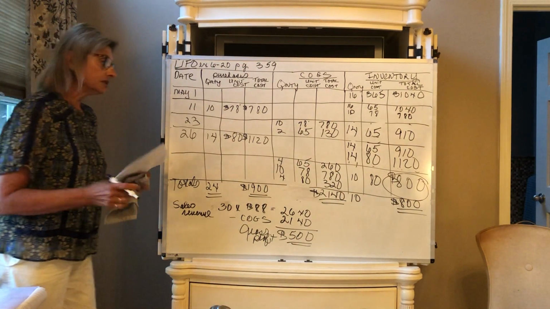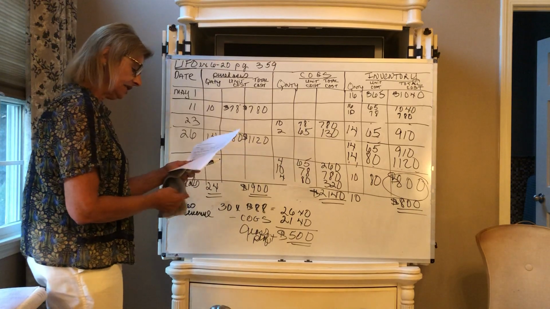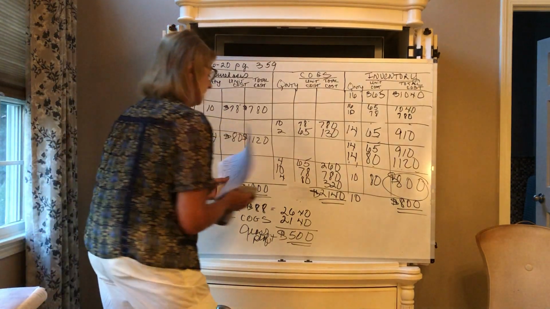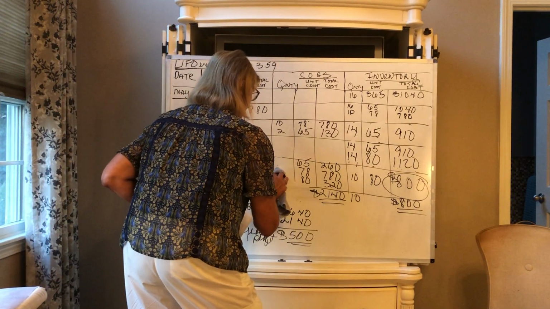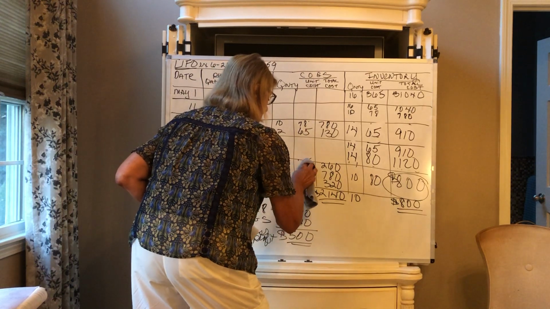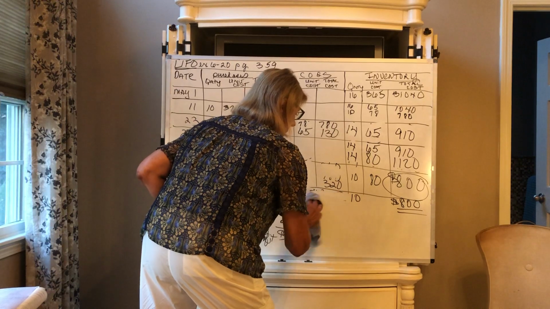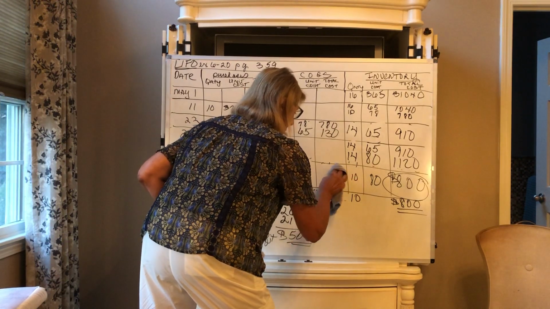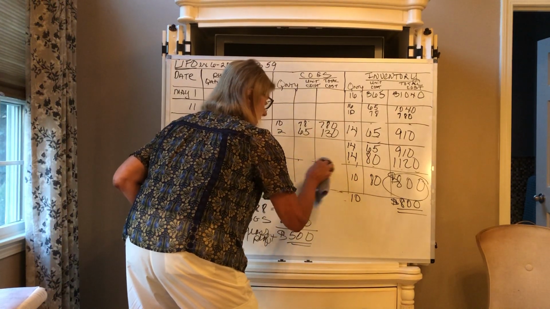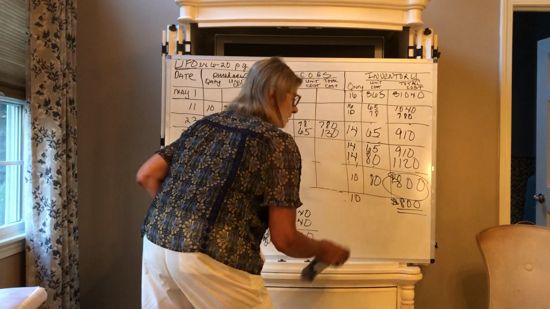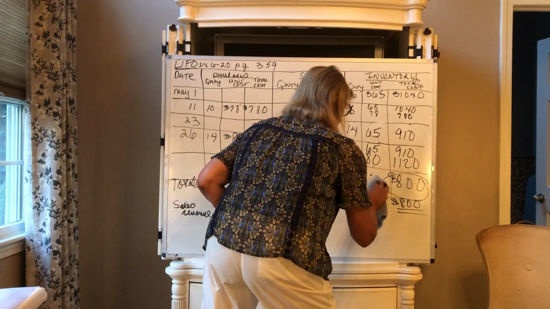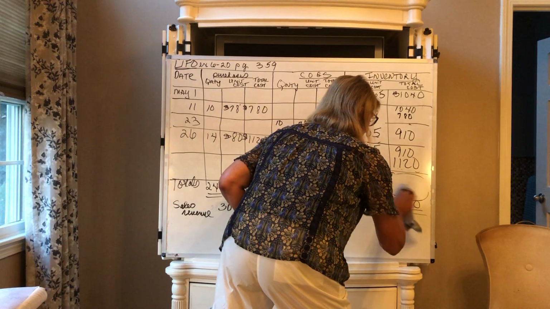Okay, our last sale is also going to be different. Our sale of 18. Again, we're using LIFO. The last thing that comes in is the first thing that goes out. I wish there was a neater way of doing this, but unfortunately there isn't. Might as well erase this part too since I'm erasing.